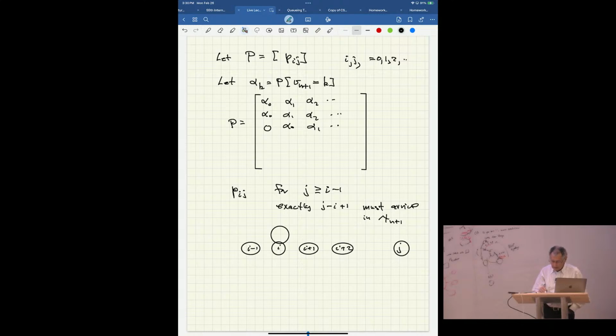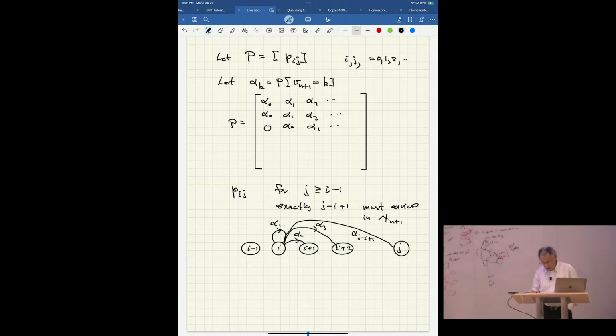Can I go from state I to state I, for one thing? Yes, with what probability? Alpha 1, exactly. One guy left, one guy came in. Stay there, okay? So from I to I plus 1, you know what that's going to be? That's alpha 2, and this is alpha 3. And way over here is what we talked about above. It's alpha j minus I plus 1.